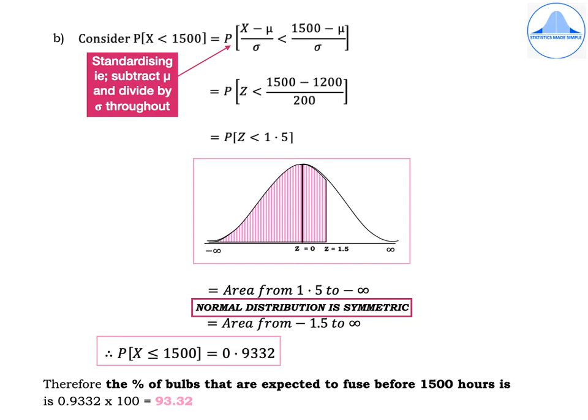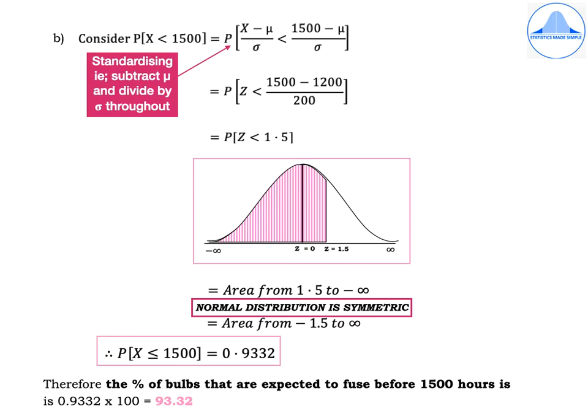But can we find out the area from 1.5 to minus infinity? We cannot, because the table is only in terms of z or minus z to infinity. So write the sentence that since the normal distribution is symmetric, it will be equal to area from minus 1.5 to infinity.